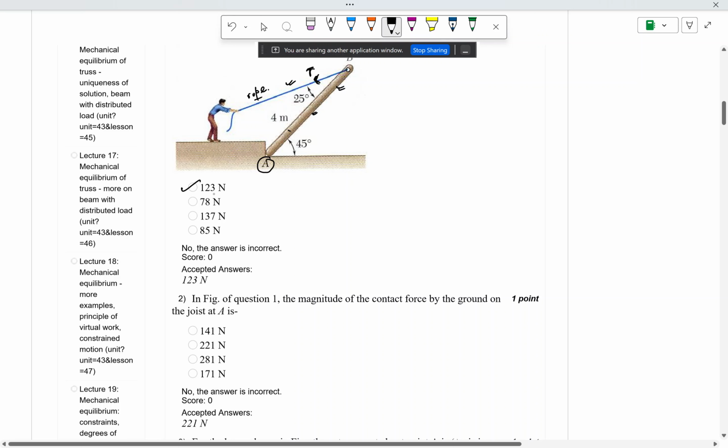Then there is another part to this question, in question number 2: in figure of question 1, what is the magnitude of the contact force by the ground on the joist at point A? So basically at point A, the contact force is divided into two components, Nx and Ny. And to get the contact force, you have to get its magnitude. So you have to take root over of Nx squared plus Ny squared, right?